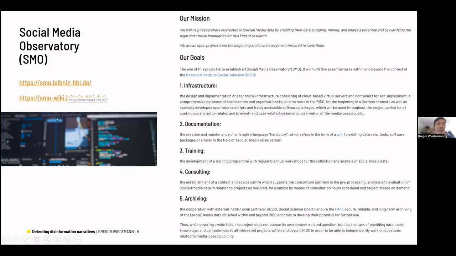If you're interested in social media research in general, I want to advertise these two websites, mainly this SMO Wiki, where we publicly document our tools and our approaches to data analysis. And you are invited, in a wiki manner, of course, also to participate and to share and contribute your knowledge there.